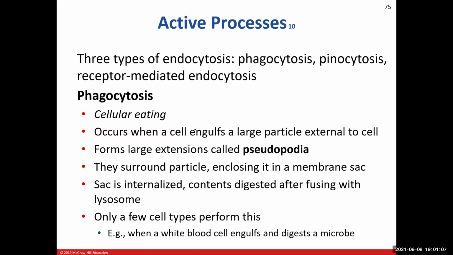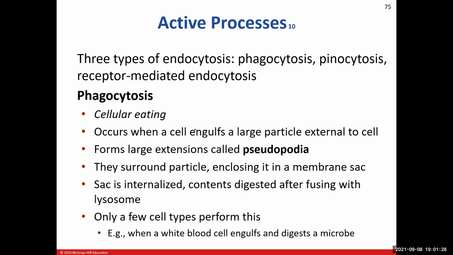We nickname it cellular eating, and this is basically when the cell is going to come across a large particle, all right, and it's going to basically absorb it into the cell. And it starts off by forming these little arms or appendages, all right, which we call pseudopods.